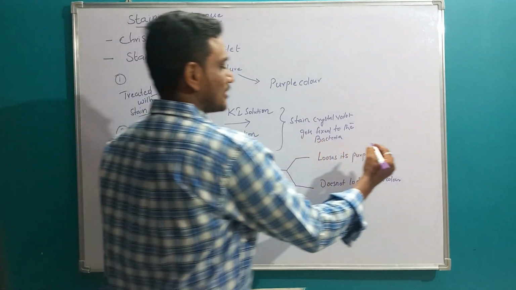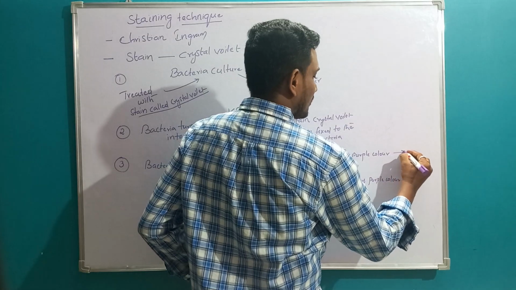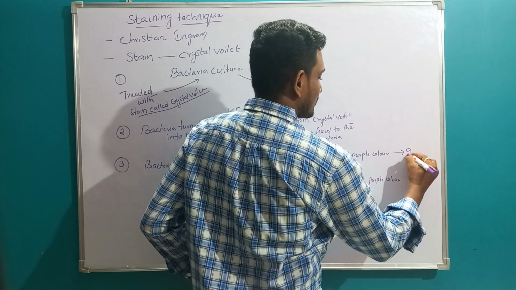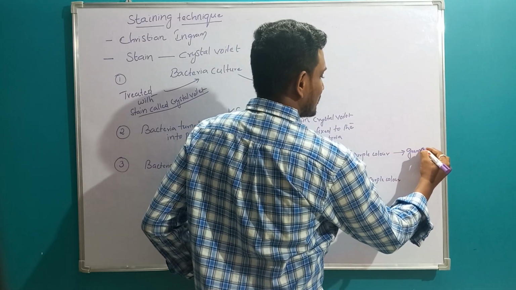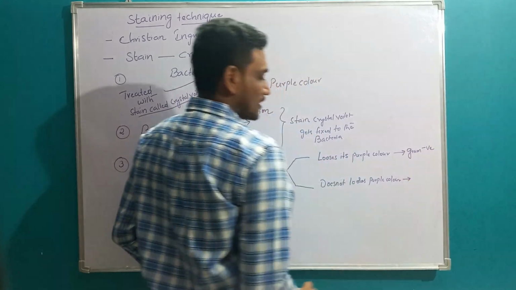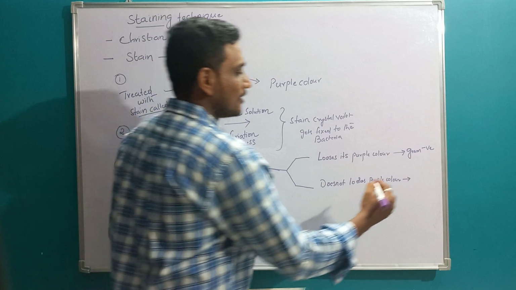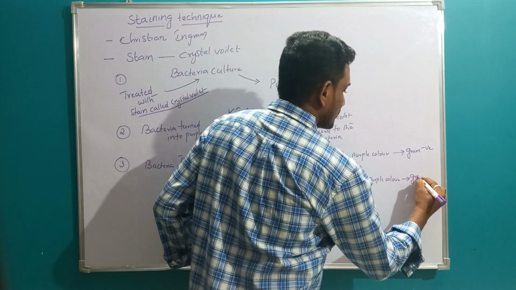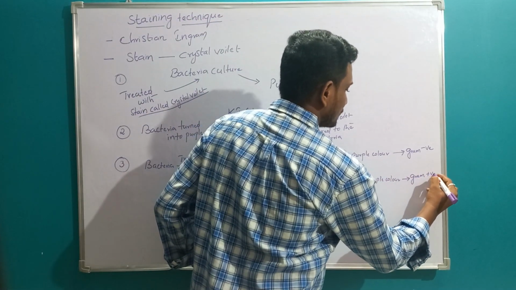The bacteria that lose the purple color are considered gram negative, whereas those that do not lose the purple color are considered gram positive.